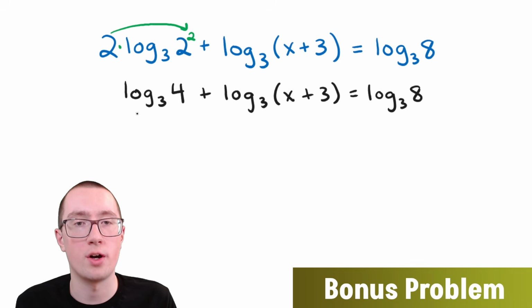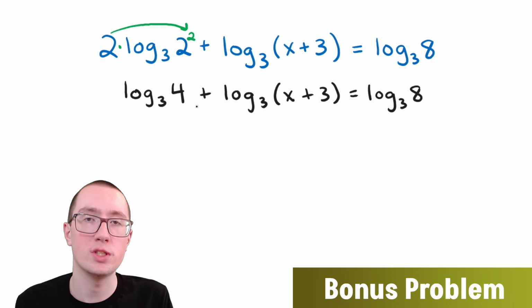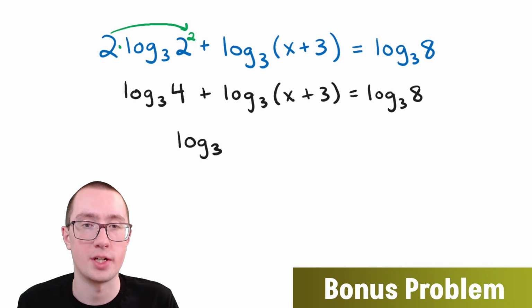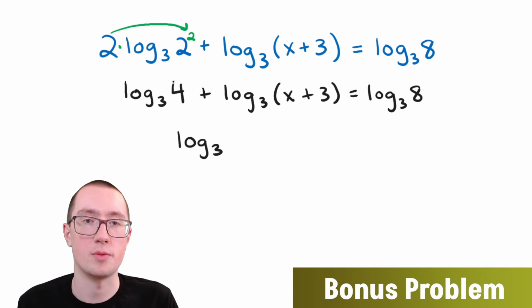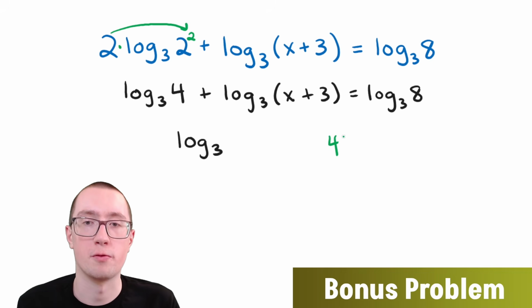And now we can work on adding these two logs together. So whenever you're adding together two logs that have the same base, the same small number, then you can multiply the insides and combine the logs. So these are going to combine into one log that still has a base of 3, but the inside is going to be 4 times x plus 3. And to me, this looks like it's going to be the distributive property. So we have 4 times x plus 3.